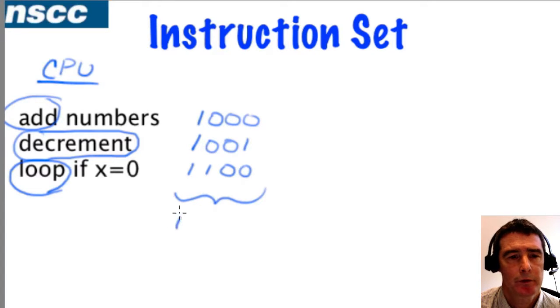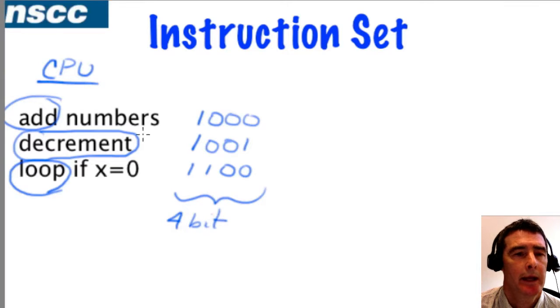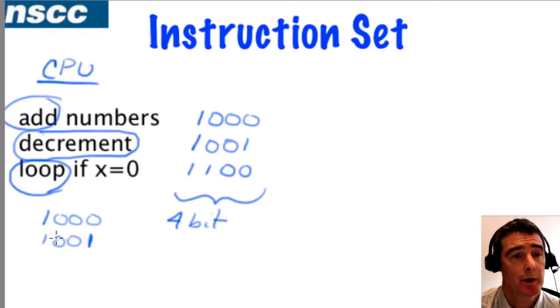All these instructions are 4-bit codes, and I could even have combinations. Some instructions may be longer than just 4 bits. If I'm adding a number, I may want to put the number alongside it. So my whole instruction might be add, but then I might have a 4-bit number for the number that I want to add. So this is the number 9. So this might be add 9 to something.